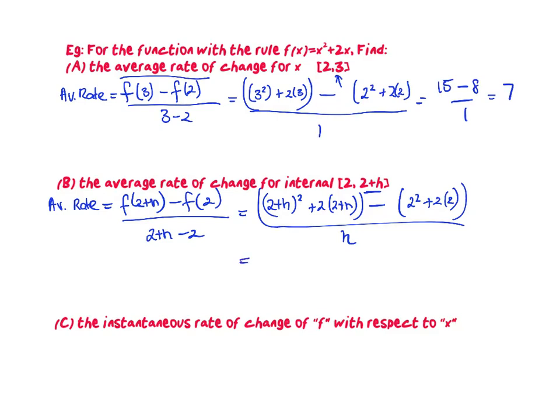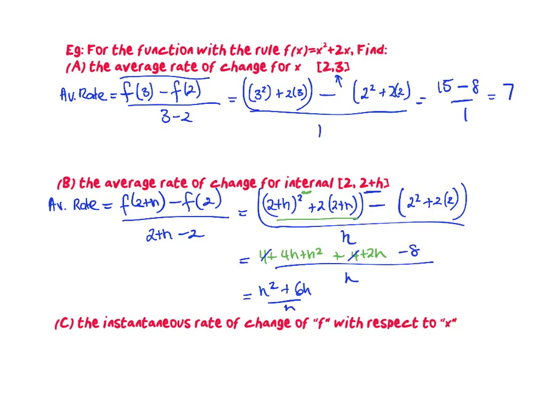This is where it's handier if you know those expansion rules, because that just becomes 4 plus 4h plus h squared, and then we've got plus 4 plus 2h, and this ended up being minus 8 all over h. So if we keep tidying all that up, the 4's cancel each other out. We're left with h squared plus 6h over h. That's a little bit like first principles there.